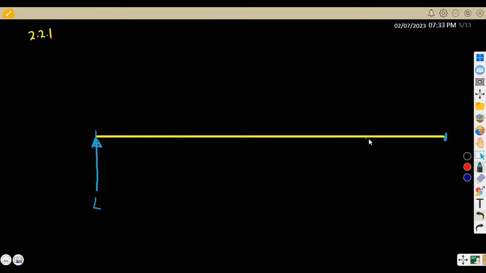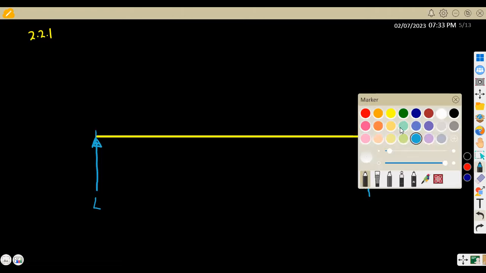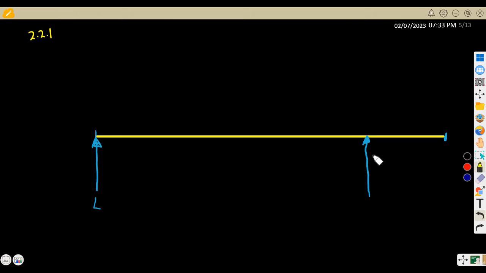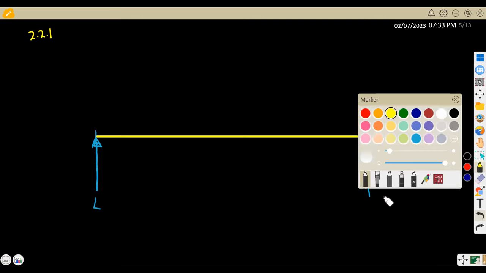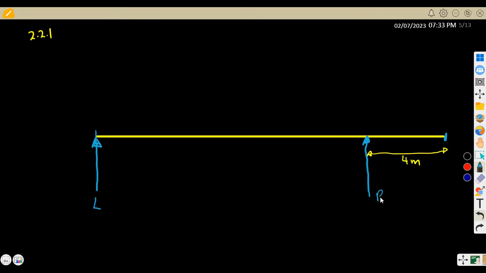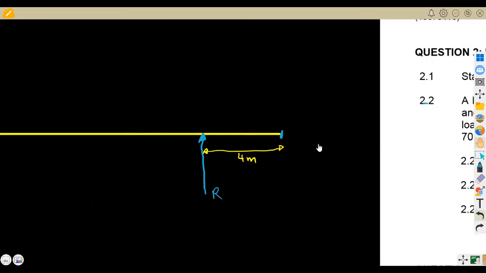So let's say this is where we have our support here, and from this point, which is our right end, we have 4 meters in between. We can indicate it as R or B. Maybe this is A, this is B. That is what we are given for the meantime.